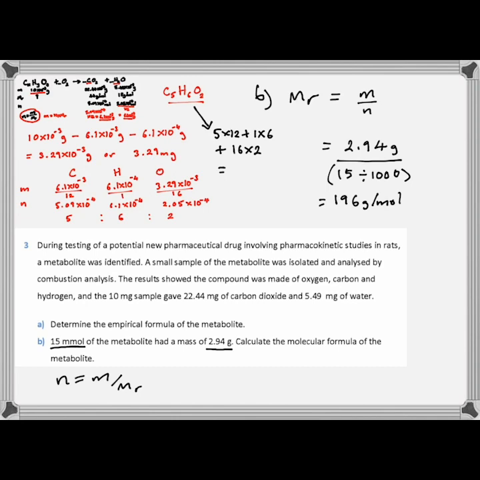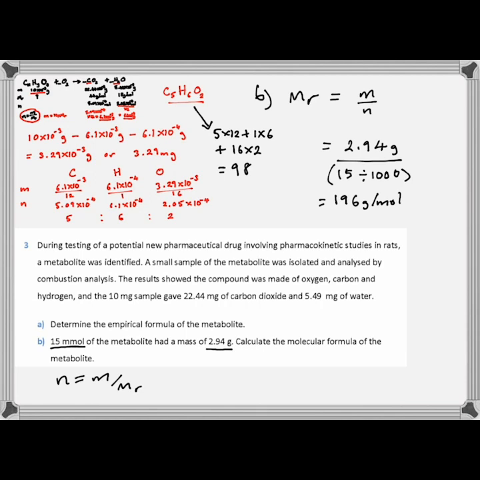So if you plug that into a calculator, well, 5 times 12 is 60. 60 plus 16 times 2, so 60 plus 32, ends up giving you, if we work this out, the MR value is 98.